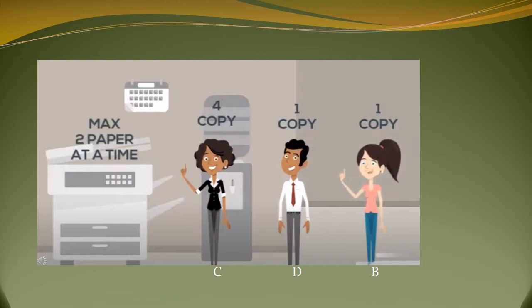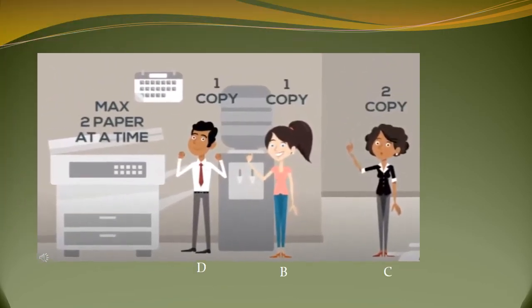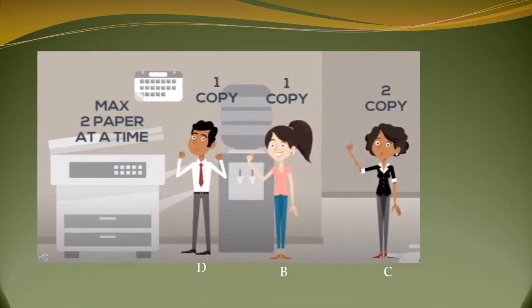Customer C wanted four copies. So C was also given only two copies of four by the Xerox machine, and went to wait at the last position of the queue for the rest of two copies.